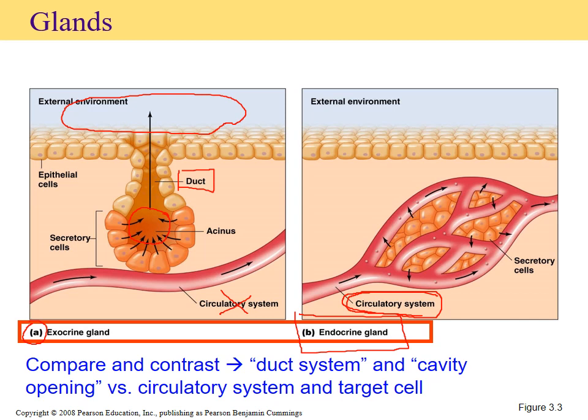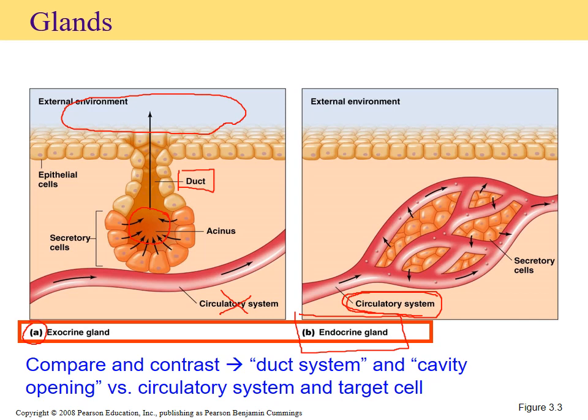Now, is it possible for a gland to have both exocrine and endocrine capabilities? The answer is yes. And actually, there's a bunch of different examples of mixed glands. I think we could probably start with the pancreas, since we've mentioned the pancreas already with the digestive enzymes.